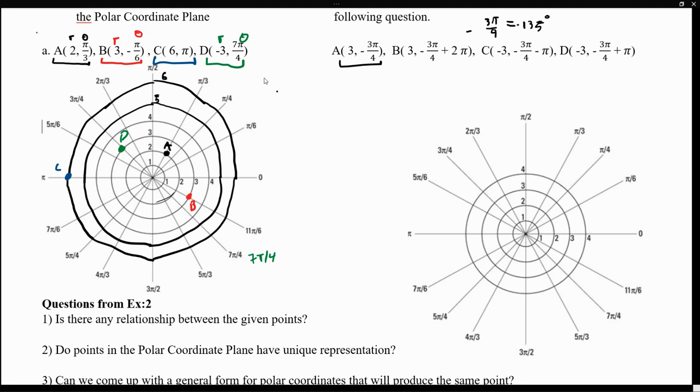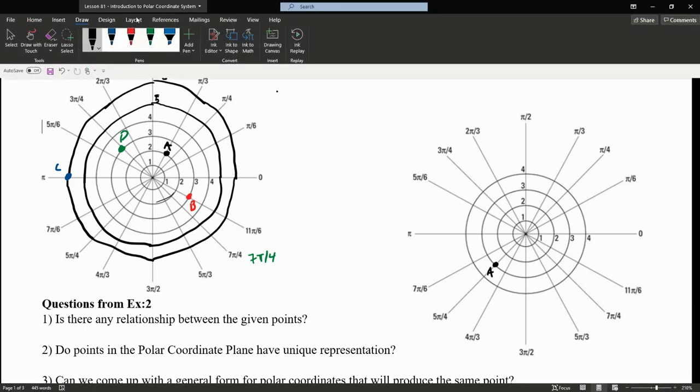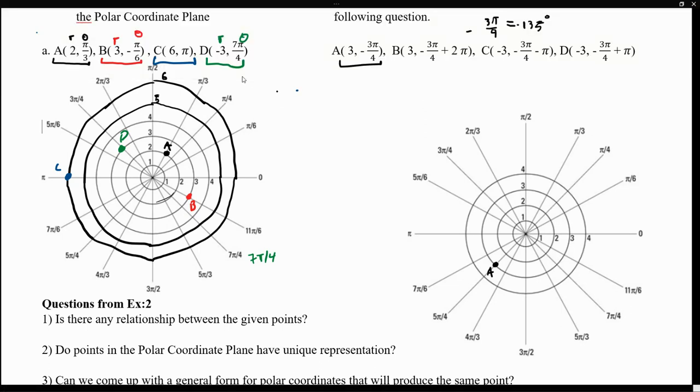And I want to make sure that I'm 3 units away. So 1, 2, 3. This is where my point A will be located, because notice that we're going 135 degrees in a clockwise direction and 3 units away from the origin.